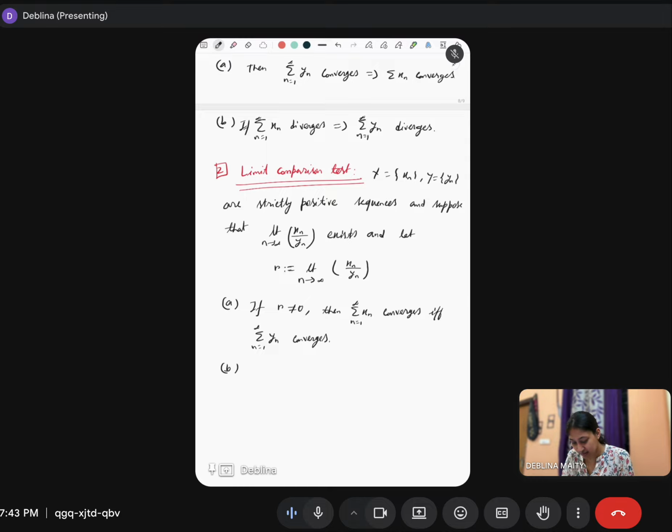And there is another condition, which is when r is 0. If r is 0 and the sum of yn converges, then the sum of xn also converges, right?